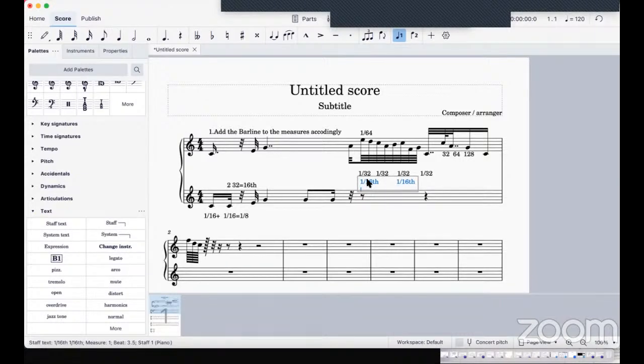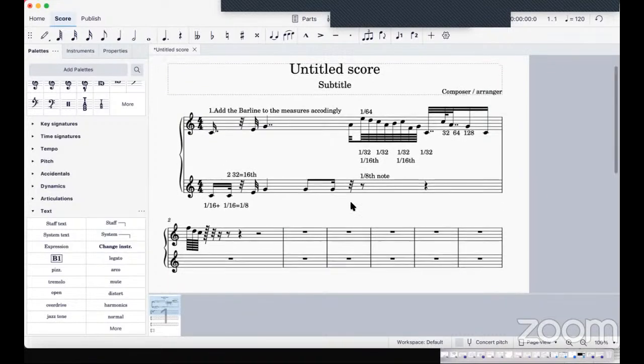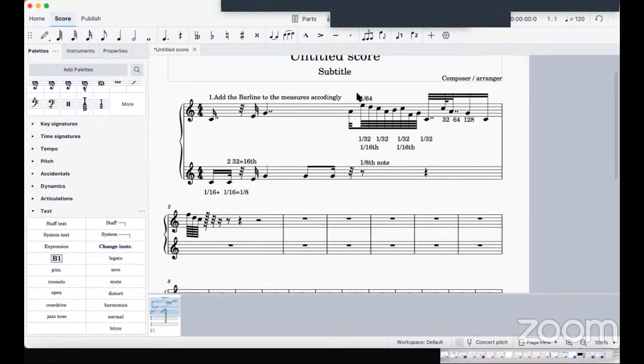So totally here I have a 1/8 note. All this is a 1/8 note plus 1/32. So all this here is 1/8 note plus 1/32. All this here, let's see, has 1, 2, and a 16.